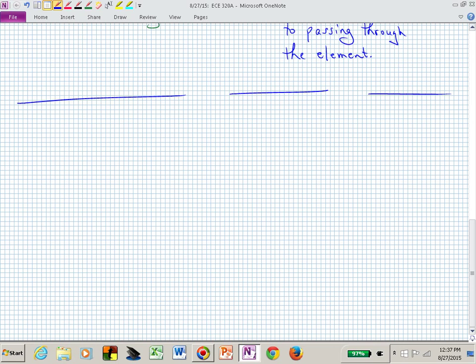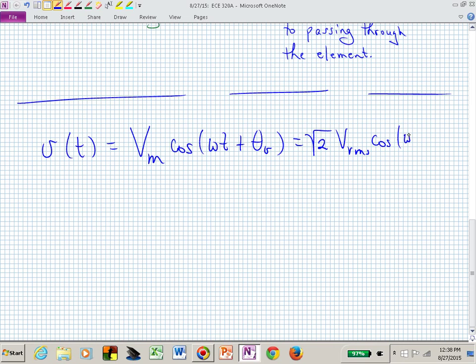So let's now get started and say that, for notation reasons, v of t that we just defined above, let's call that capital V sub m cosine omega t plus theta sub v. Or, we know the relationship for sinusoids between RMS and maximums, so we could say this is square root of 2 V RMS cosine omega t plus theta sub v.